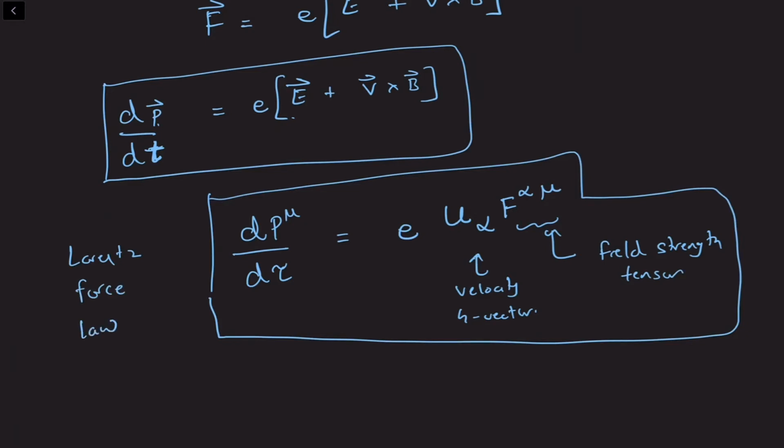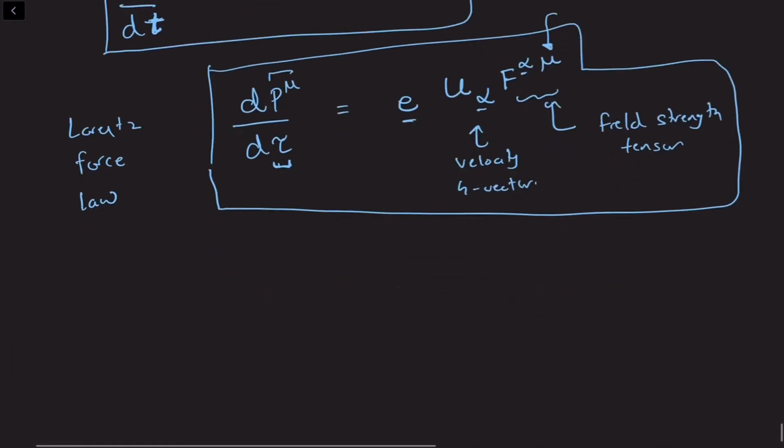And you would see that, well, of course, this transforms like a 4-vector. Tau is invariant. Tau is the proper time in the rest frame of this particle. And the right-hand side also transforms like a 4-vector because we've contracted these indices. So there's only one free index mu, which is a contravariant index. So this also transforms like a 4-vector. And e, we've assumed, is the rest frame charge, a Lorentz invariant quantity.